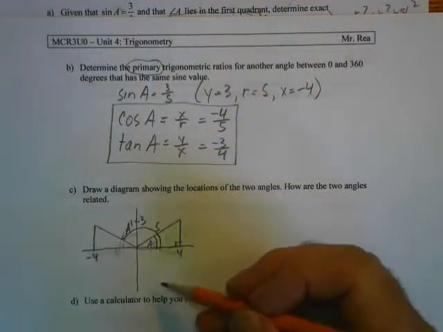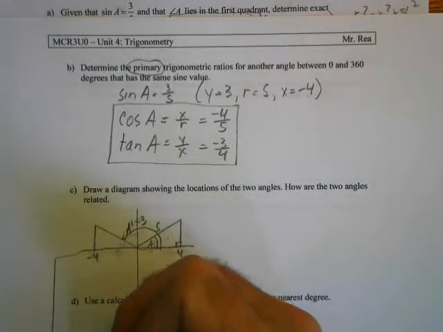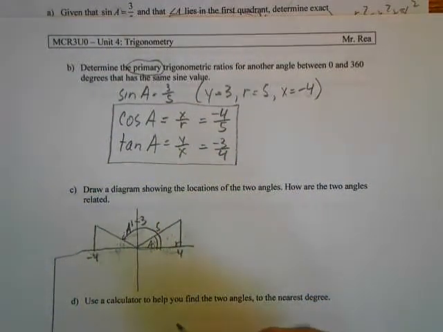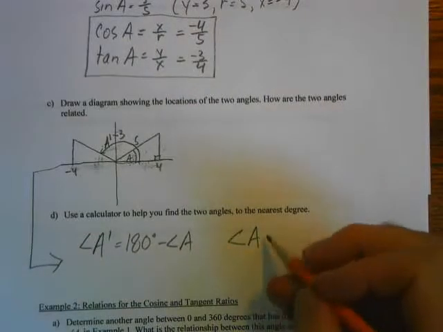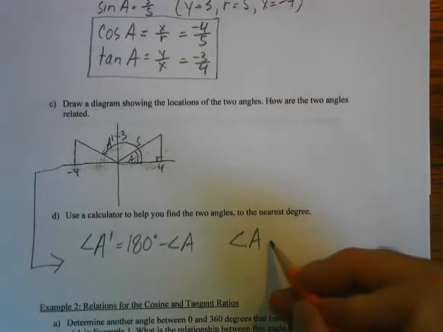So I'll show you that with the calculation here. We know that angle A prime is equal to 180 degrees minus angle A. Okay, so if we want the two angles, we already calculated angle A on the previous page.